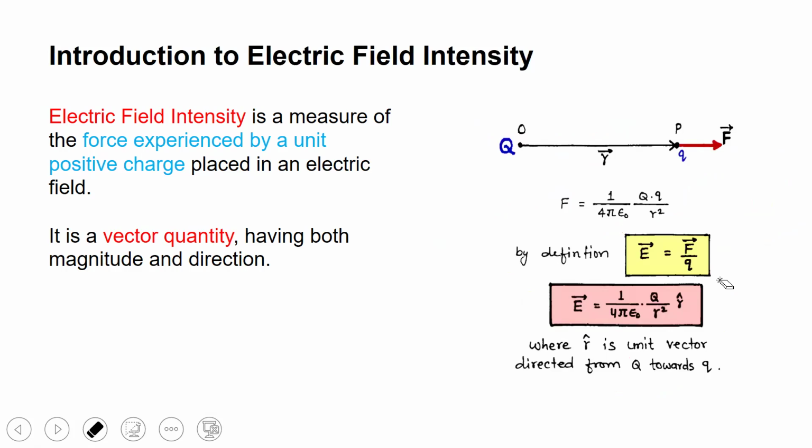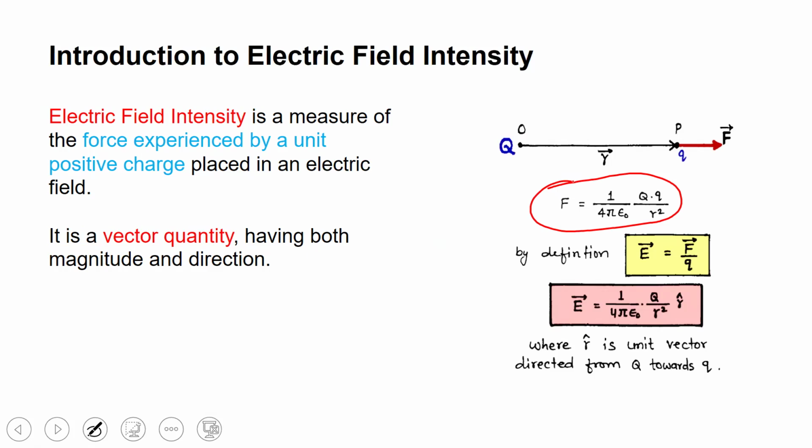And as you can see from here, this is the formula that we just tried. This is the formula for electrical force, where F is equal to 1 all over 4 pi permittivity of free space, Q, small letter q, and then R square.